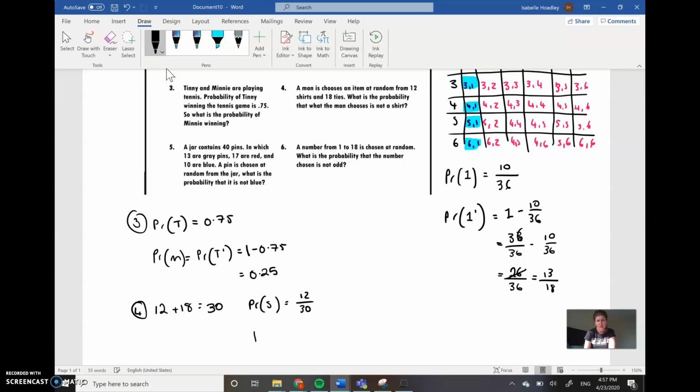Now the probability that he chooses not a shirt is 1 minus 12 out of 30. So that's 30 out of 30 minus 12 out of 30, which is 18 out of 30, and then we can divide both of those by 6. So 6 goes into 18 3 times, 6 goes into 30 5 times. So 3 out of 5 is your final answer.